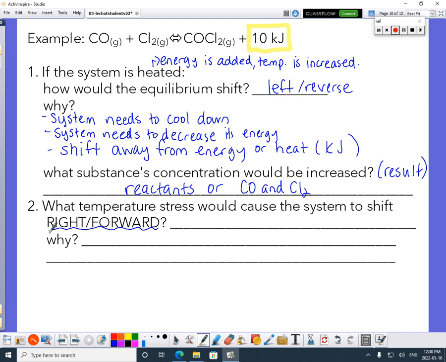Yes, it is. So a shift forward or to the right, which is what I've told you I wanted, you're going to make more energy.